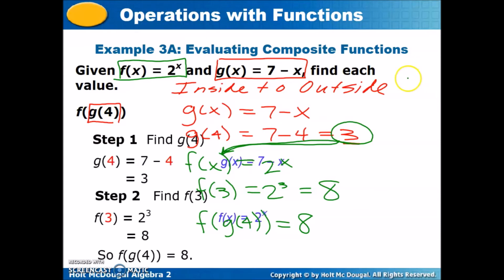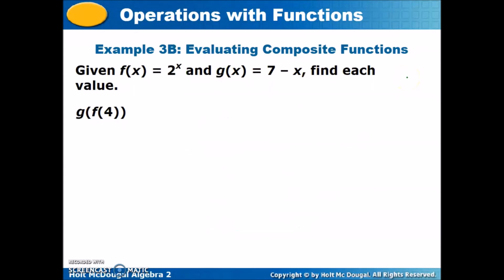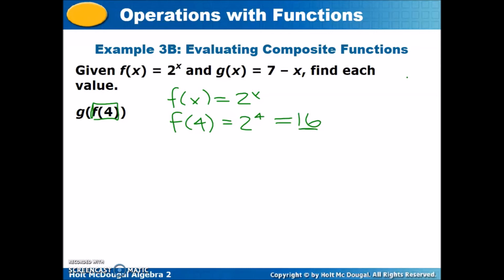Going on to the next one. Again, we're going to work from the inside to the out. So we got our f of 4 here. f of x equals 2 to the x power, so f of 4 equals 2 to the 4th power. That's 16. Then we're going to take this and make it the input for the next one.